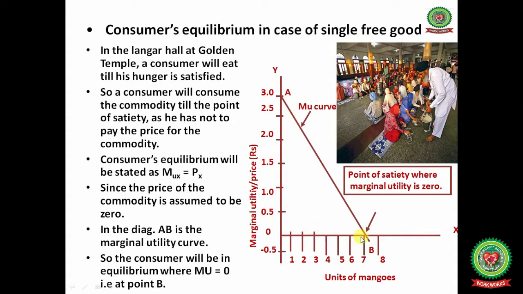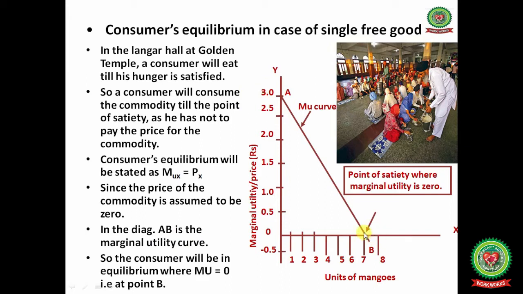You can see here that for the first unit of mangoes, marginal utility is 3, and for the second unit, it is 2.5. As you consume more and more units of a commodity, your marginal utility continuously decreases, and a point will be reached when the consumer feels satisfied with his eating and leaves the commodity.